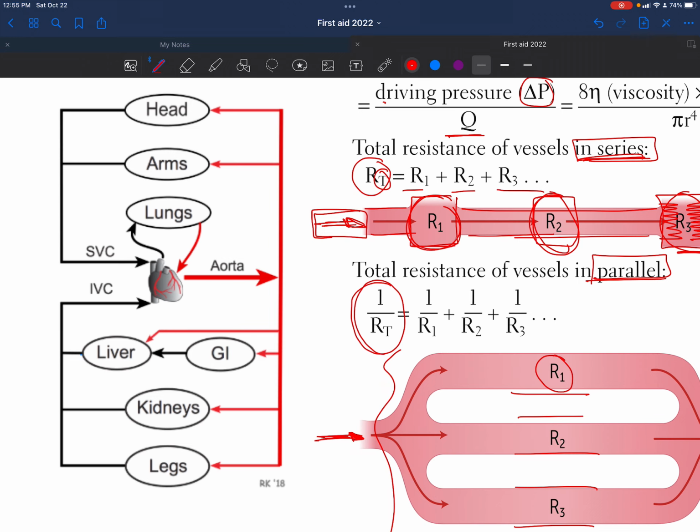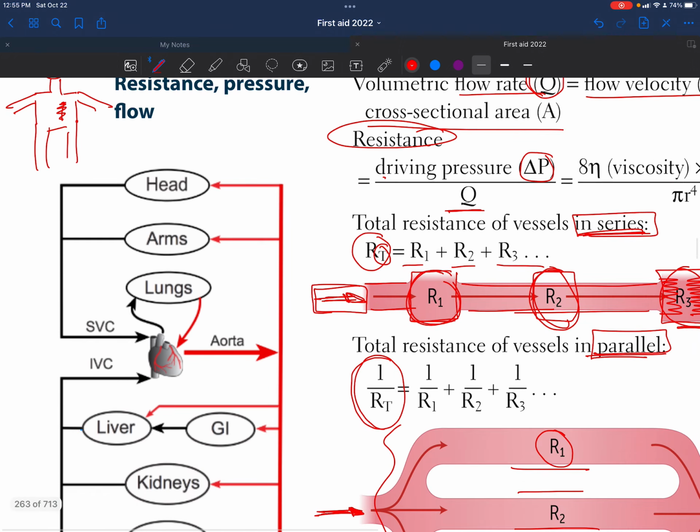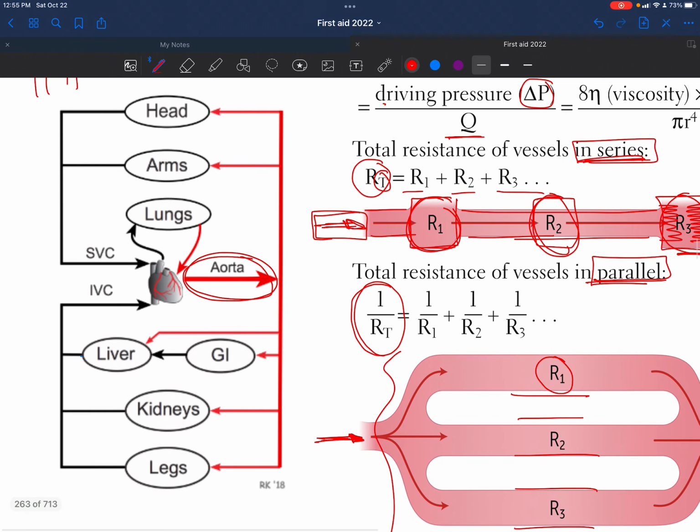Now if we take a look at the image over here, most of the body parts are attached to each other in parallel. This is the head, the neck, the trunk, upper limbs, and then lower limbs, and that's it. Each one of those gets its own blood supply through a part of the main vessel, the aorta.